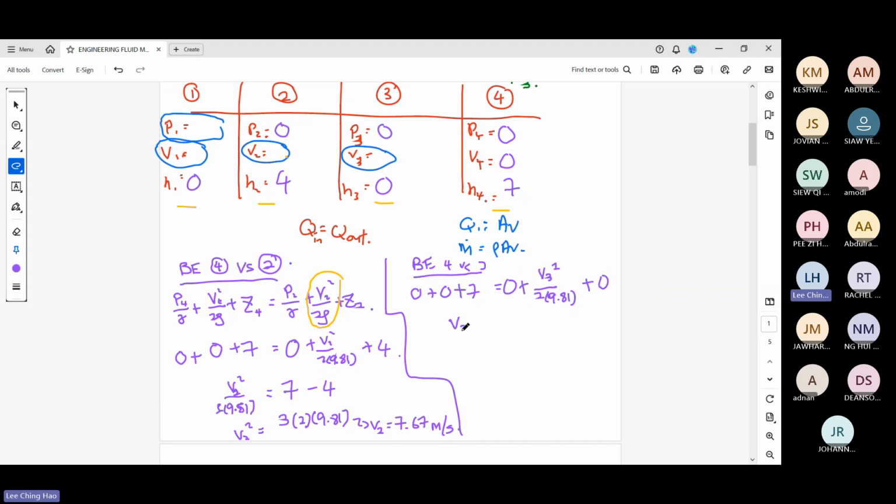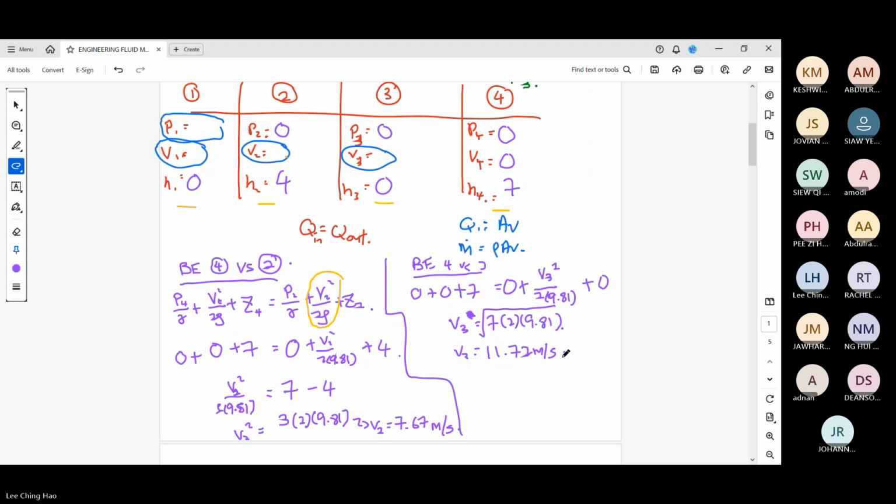So V3 squared equals 7 times 2 times 9.81. So V3 equals, again, I just straight away take the square root. You just repeat the thing, but you get the marks for both.